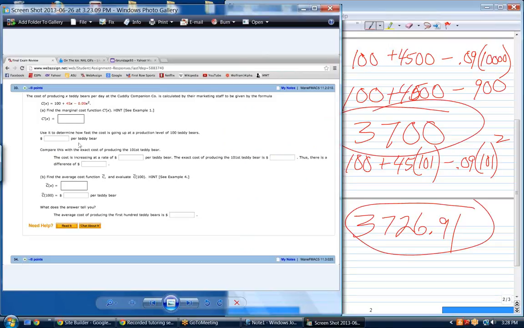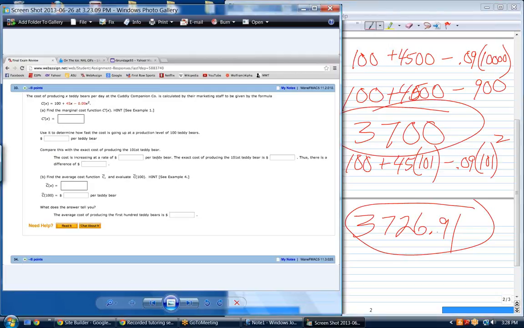So our answer to this was what again? It was 27. It was 45 minus 18. So the cost is going up at $27 per bear at 100 teddy bear production rate.